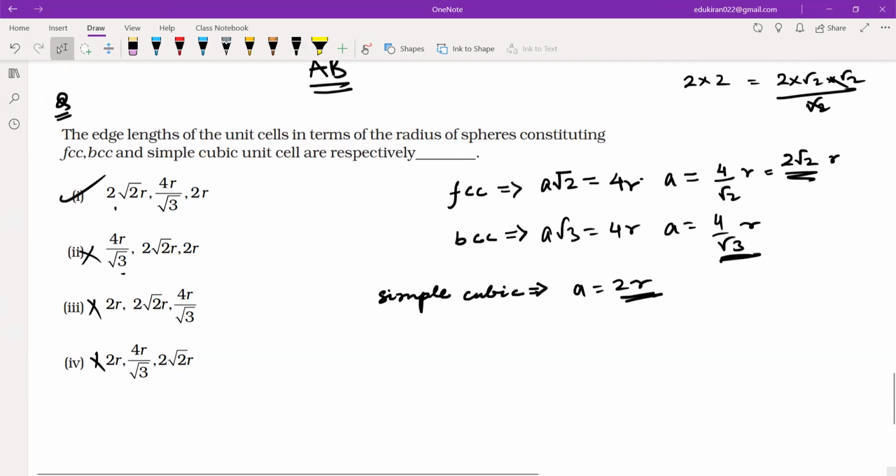Is that clear? Yes or no? Please tell me. Yes. What about others? Clear now? All of you? Hiba? Yes, sir. Okay, fine.